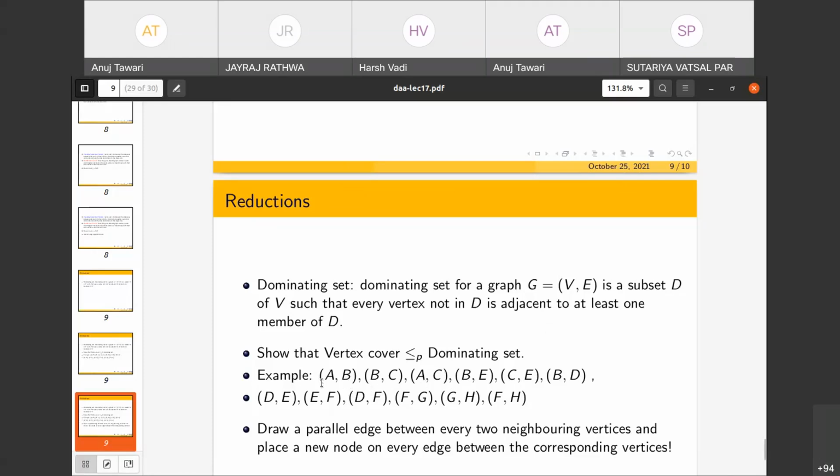Yeah, B is covering A, C, D, and E, and F is covering G and H. So you can see that dominating set is in fact much smaller than the vertex cover, but you can construct some other graph which we define this way, and if you find a dominating set on that graph, you can solve the vertex cover on the original graph.